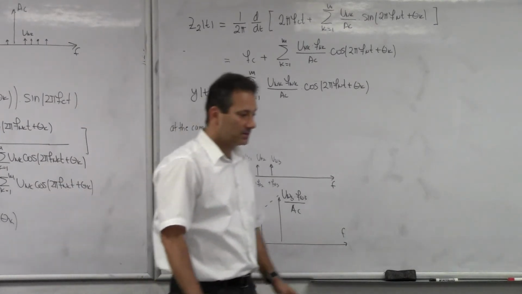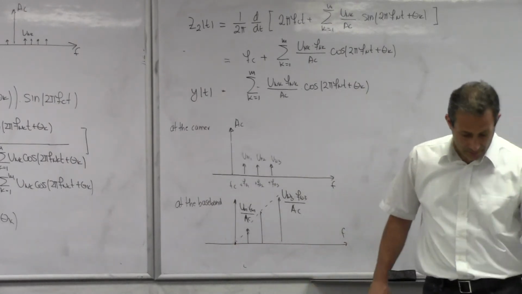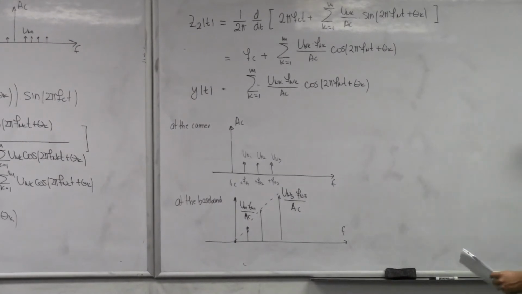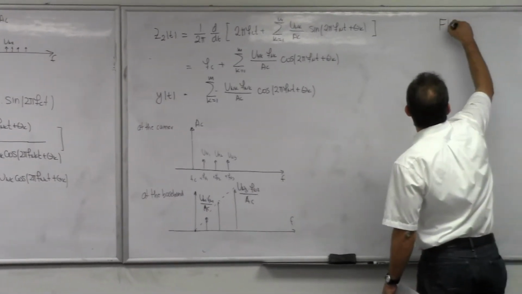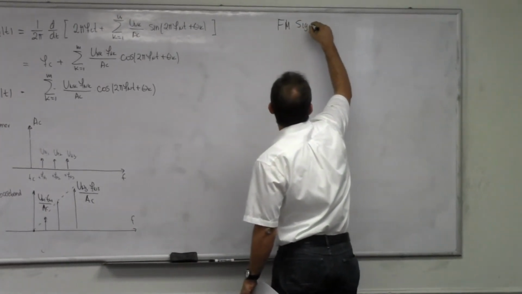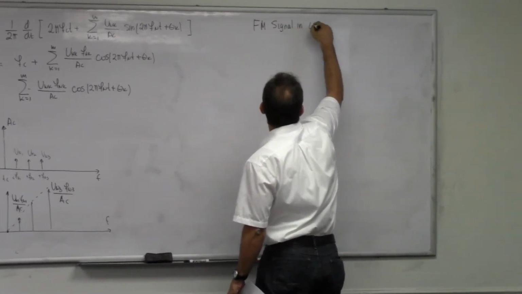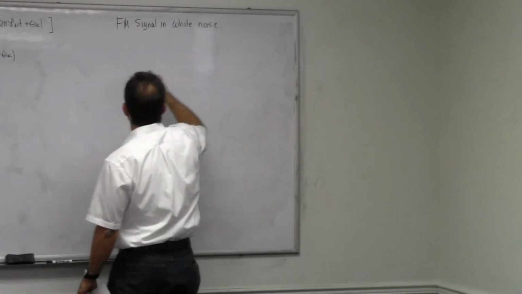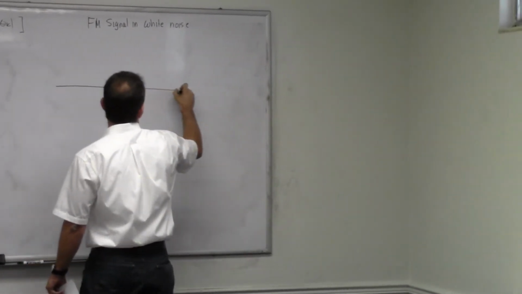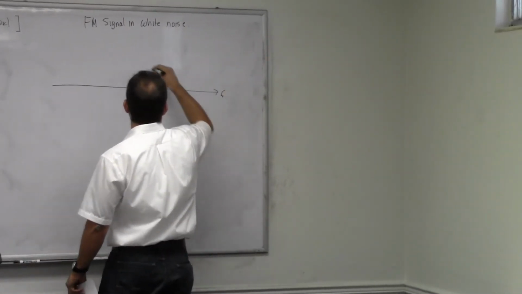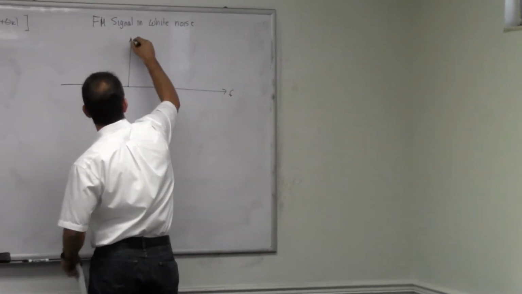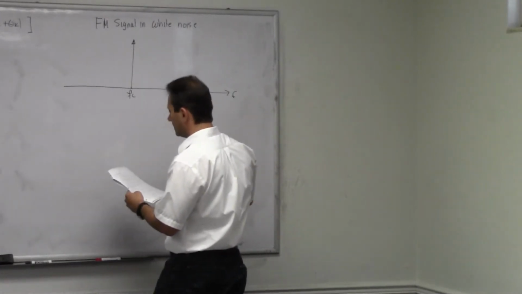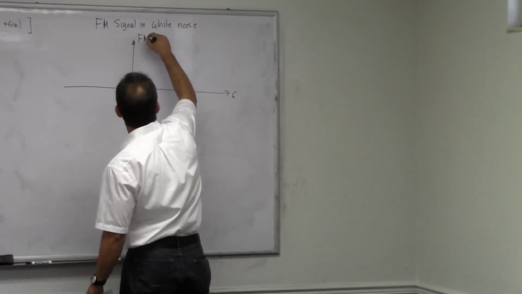All right. So let's now look at the general case, FM signal in white noise. Here's what we're dealing with. F, here's our carrier. This one is the frequency FC. And this is FMK.